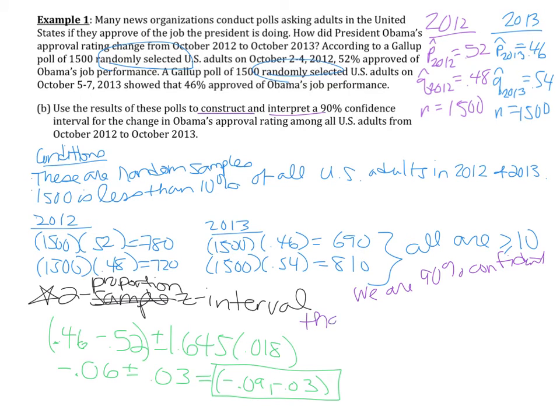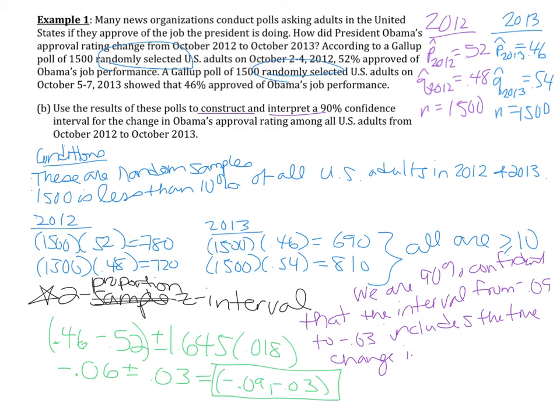So we are 90% confident that the interval from negative 0.09 to negative 0.03 includes the true change in proportion of adults who approved of Obama.